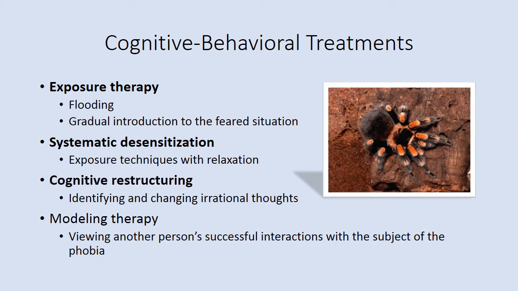Cognitive restructuring involves identifying and changing irrational or anxiety-producing thoughts that are associated with the phobia. And finally, modeling therapy is viewing another person's successful interactions with the feared object or stimulus. In this way, clients learn to no longer fear the phobic stimulus through observational learning.